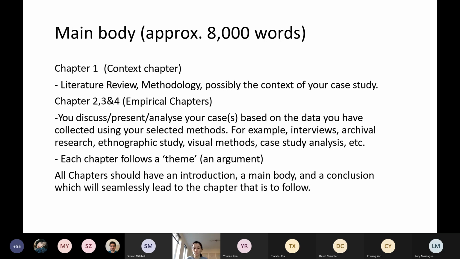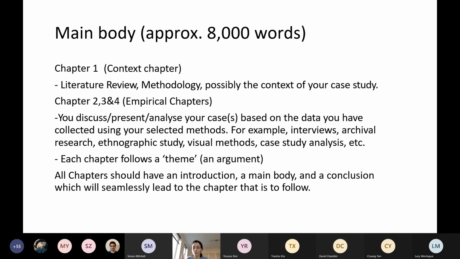Now, the main body, which is approximately 8,000 words, will contain, and this is a suggestion, it doesn't need to contain, a context chapter. Here you would do your literature review, describe your methodology, possibly the context of your case study.